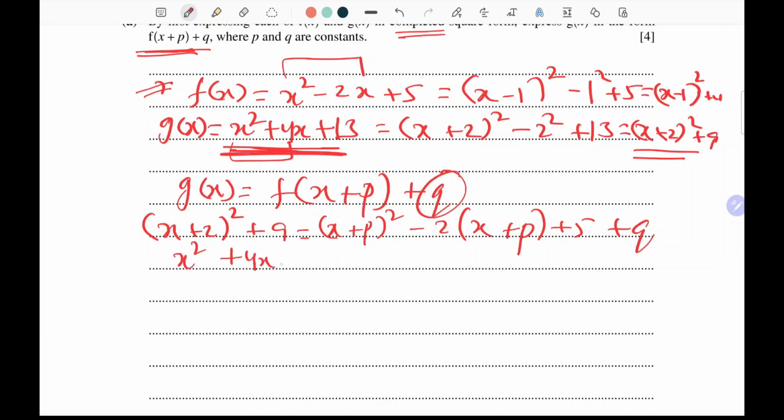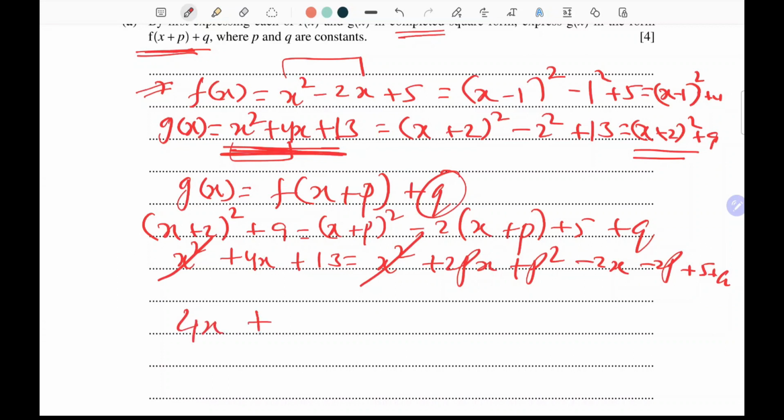So x² + 4x + 13, and if you expand, then x² + 2px + p² − 2x − 2p + 5 + q. Now guys, x² and x² you can cancel.